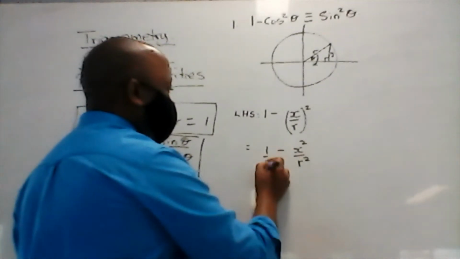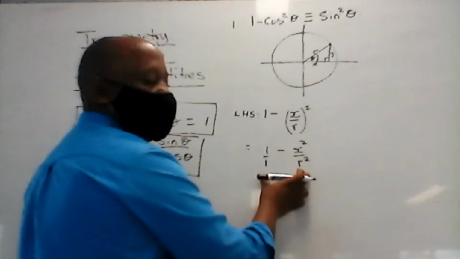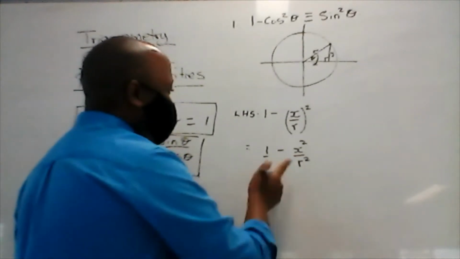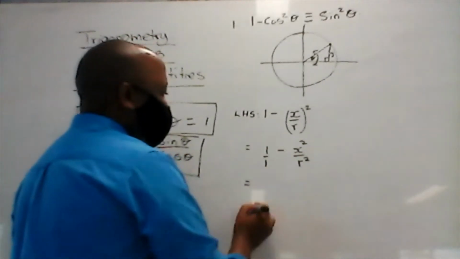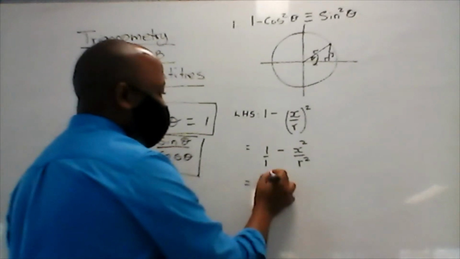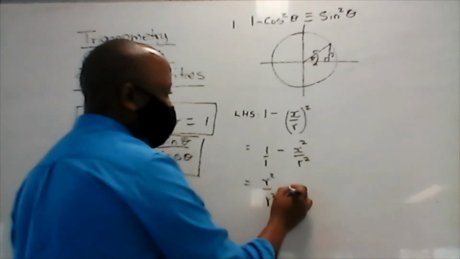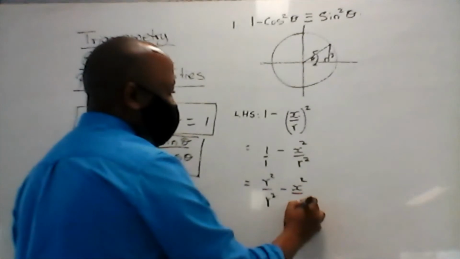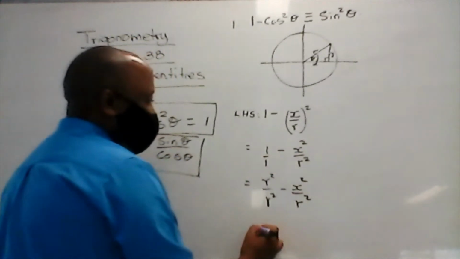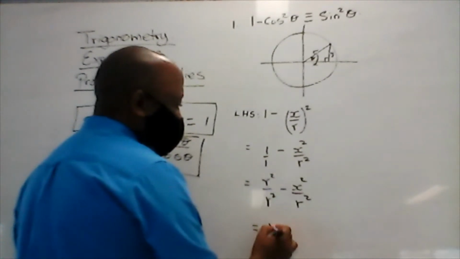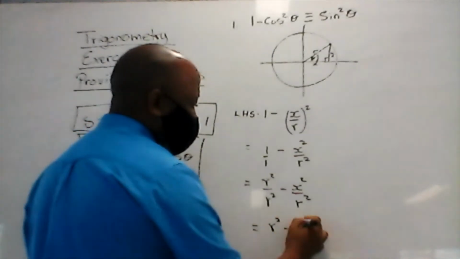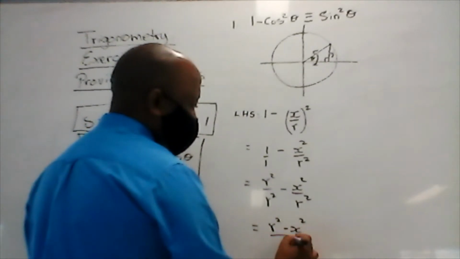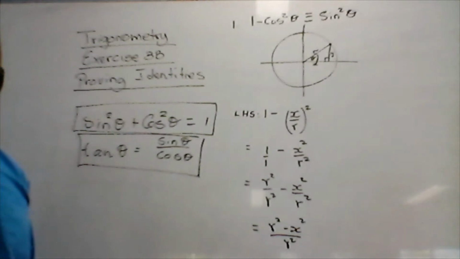Two fractions being subtracted, so let's combine them. I'm going to write the equivalence here, r squared divided by r squared minus x squared over r squared. This gives me r squared minus x squared divided by r squared.